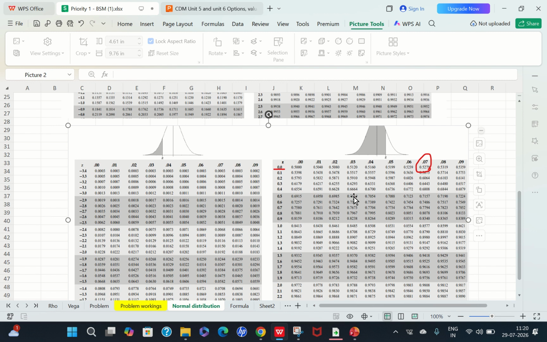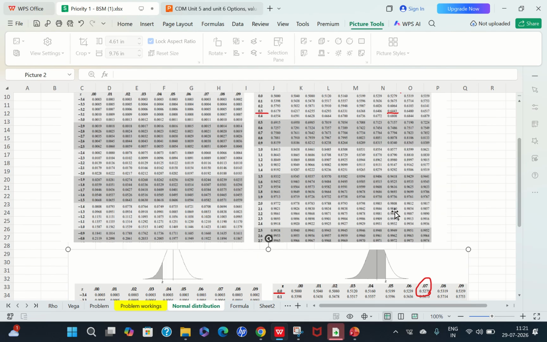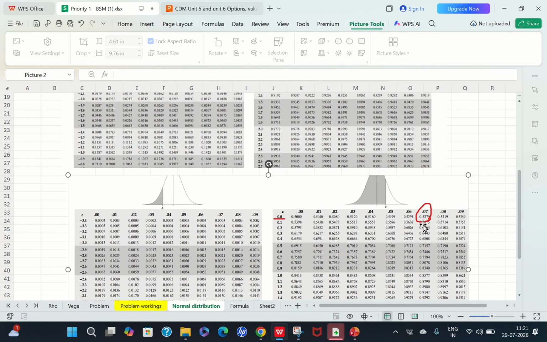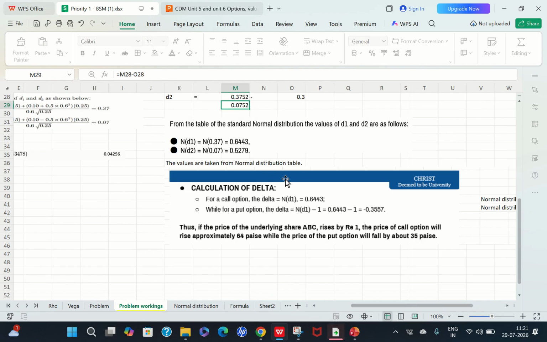And again for 0.07, it is 0.5279, incorporating it in the sum. So the values are basically taken from the normal distribution table. So that is the base.